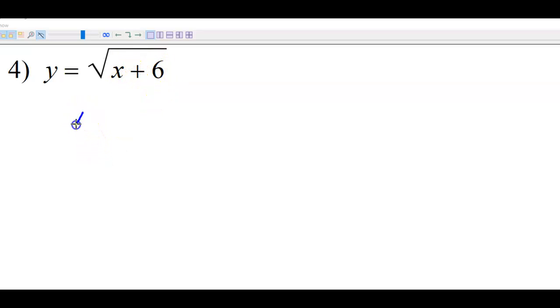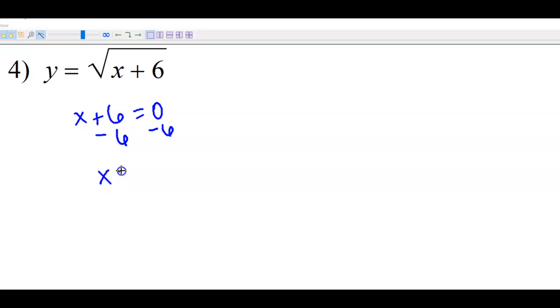So the way to do that is to take the expression that's underneath, the x plus 6 in this case, and set it equal to 0, because it is okay if it equals 0, but it just has to be bigger than that. Whatever value makes this 0, then the only ones we can count have to be bigger than or equal to that number. So just take whatever's underneath, set it equal to 0, solve for x.